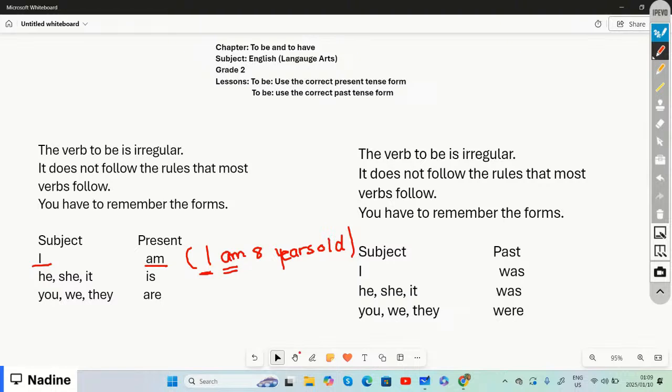The subject I matches with the verb am. So I am, and then you can go on. I am listening, or I am watching. I am playing a game. I am eating. So basically, am is in our irregular verb.